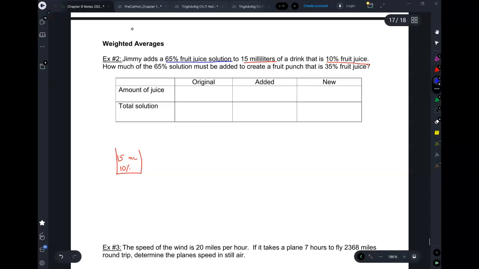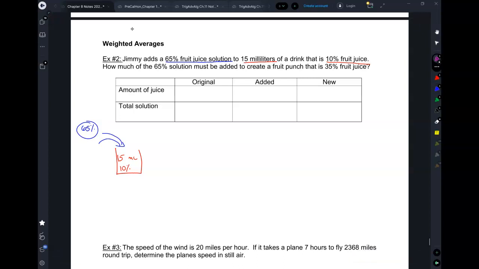So he wants to add some amount of a 65% juice solution. Now this one is way too concentrated, but when you add it to this, the concentration is going to increase a little bit. It's going to be more juicy, right? So what we want to know is the exact amount to add in order for this to be 35% fruit juice, right?